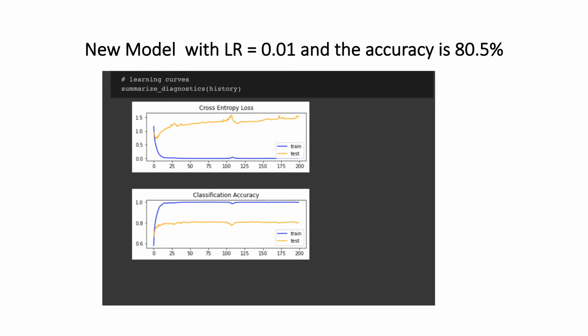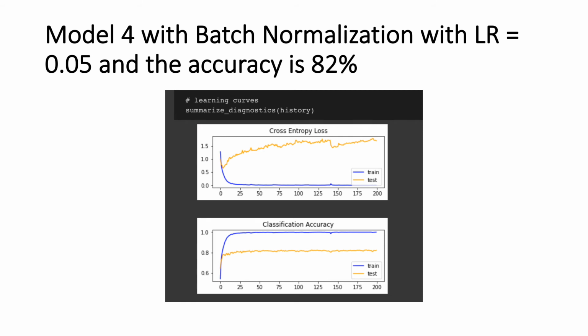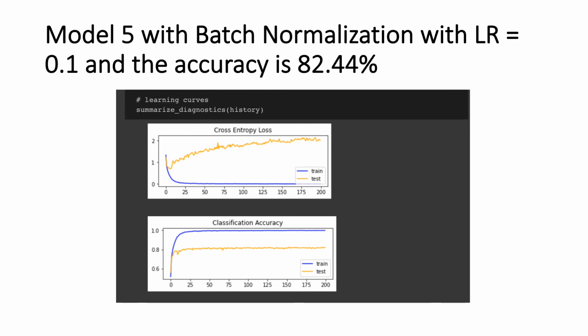Then I increase the learning rate to 0.05. The accuracy is improving as well, 82%. And then I change the learning rate to 0.1. The accuracy is improving as well, becoming 82.44%.